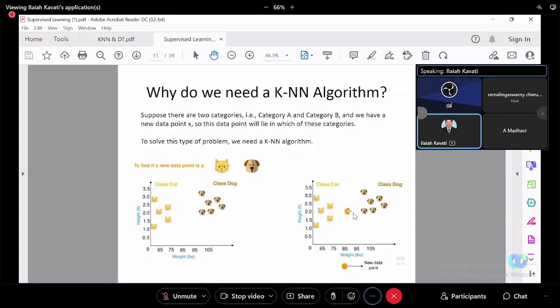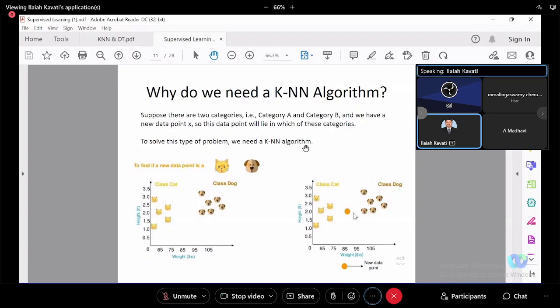a new data point is represented using this filled orange circle. Now, if this new data point comes, in which category will it fall, whether it is a cat or a dog? Now we need to predict whether it is class cat or class dog.